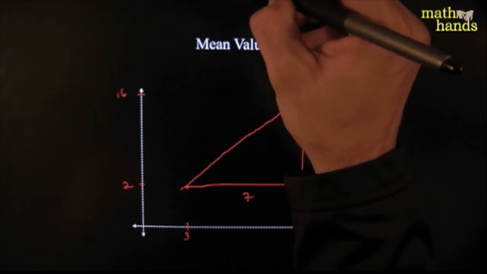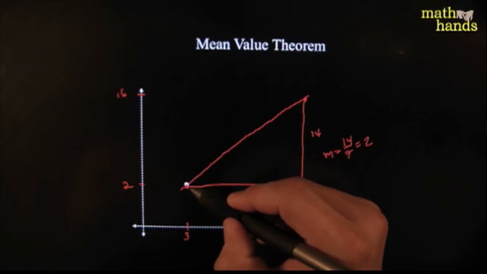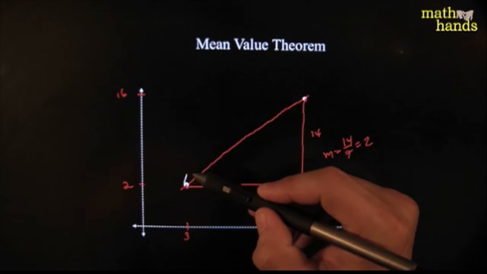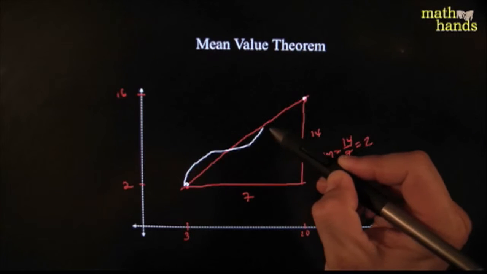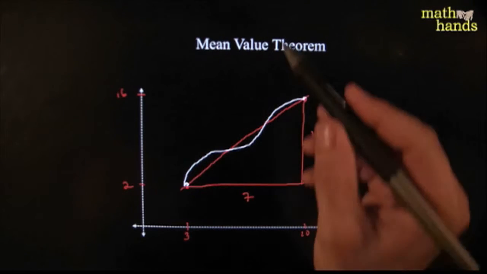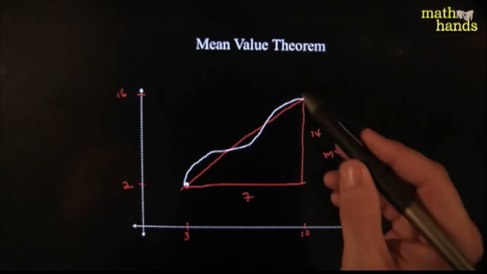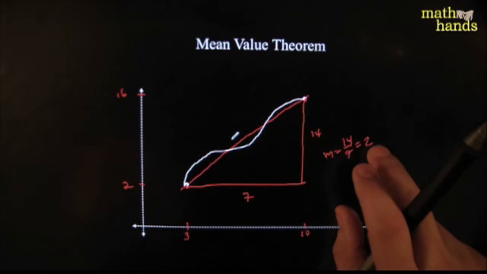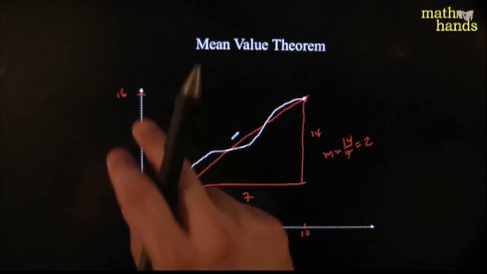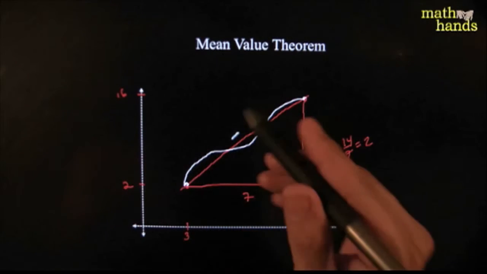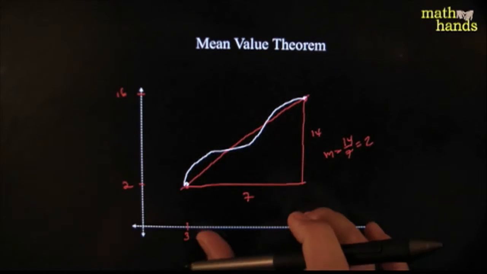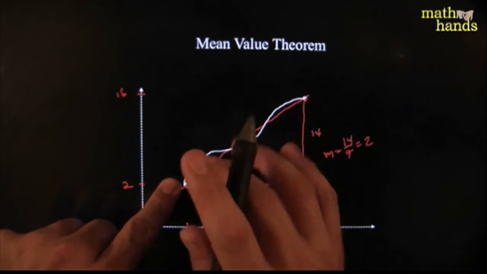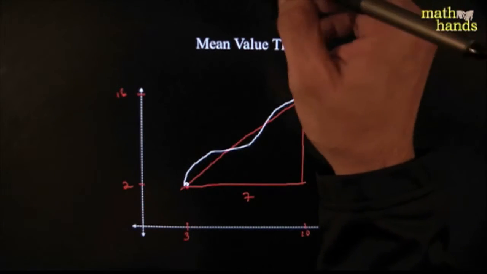Now the function itself could have been doing anything here. As long as it's continuous and differentiable, it's smooth, it could have been going like this, or like this, or whatever. What the mean value theorem says is that if it rose an average of 2 y units per x unit, then at some point within this interval from 3 to 10, it must have attained exactly the same secant slope, but as a tangent slope.